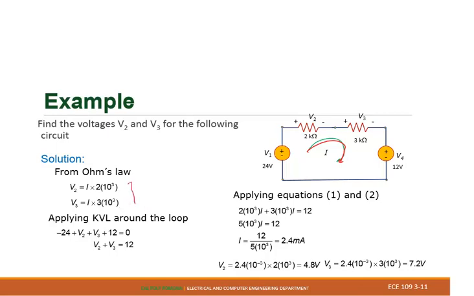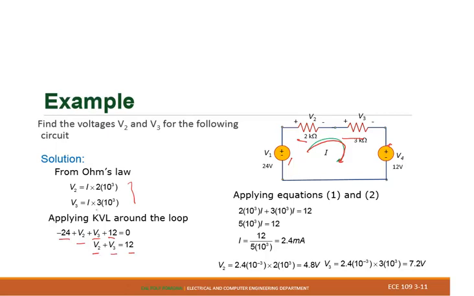That's given here. So applying KVL, minus 24 volts plus V2 plus V3 and plus, because a plus right there, is 12, will be equal to 0.